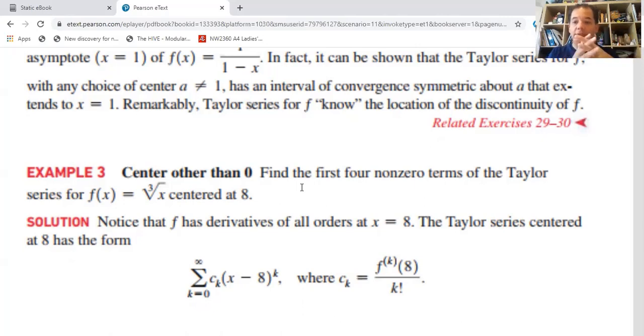So we don't want the entire series. We only want the first 4 terms that are non-zero. All right, so that presumably will make it a little bit easier. So let's do that one. So that's example 3.